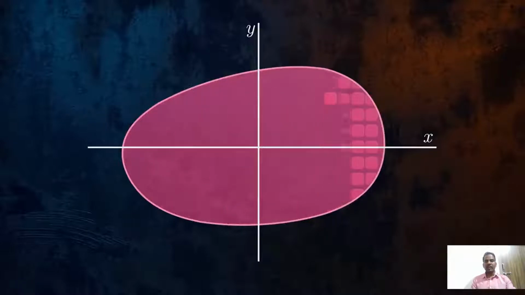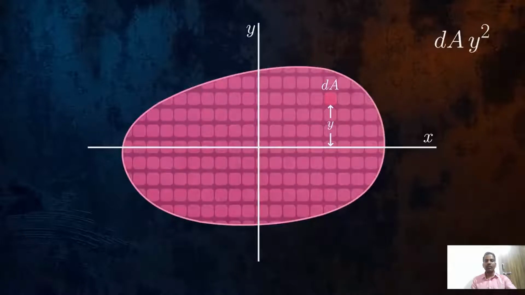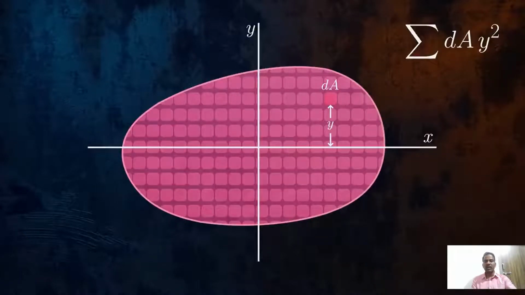We have converted the lamina into many small rectangular components. If a small rectangular component has an area dA and it is at a distance y from the x-axis, then dA into y square is the equation to find the moment of inertia for the small area.